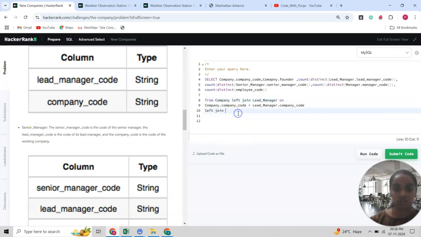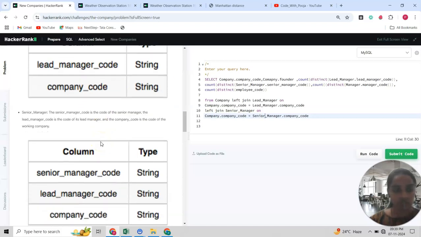So again with the left join, senior manager. Now on what condition? The condition is also clear: I have to copy the same thing from here with a small change. In the place of lead manager, it's senior manager. The same thing is here.